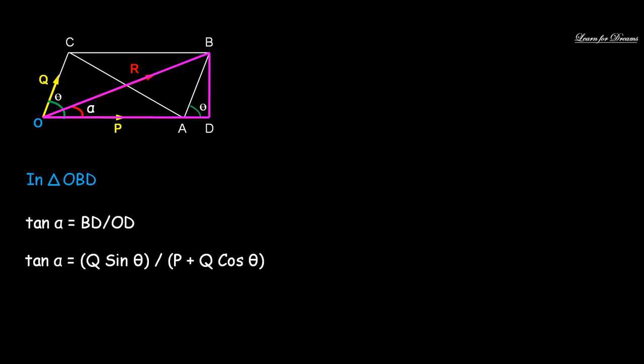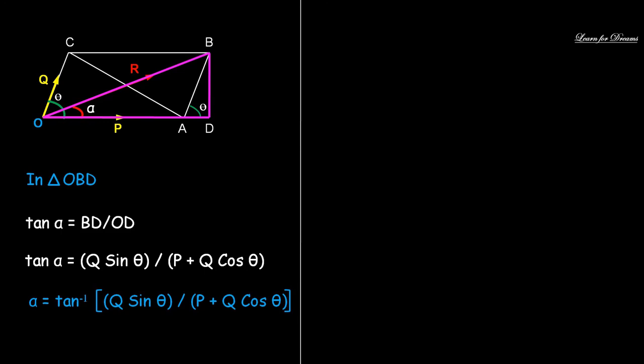We have already seen the equations for sides BD and OD in terms of P and Q. Hence, tan alpha is equal to Q sin theta divided by P plus Q cos theta. So the equation for angle alpha is alpha equal to tan inverse of Q sin theta divided by P plus Q cos theta. I hope it is clear till here.